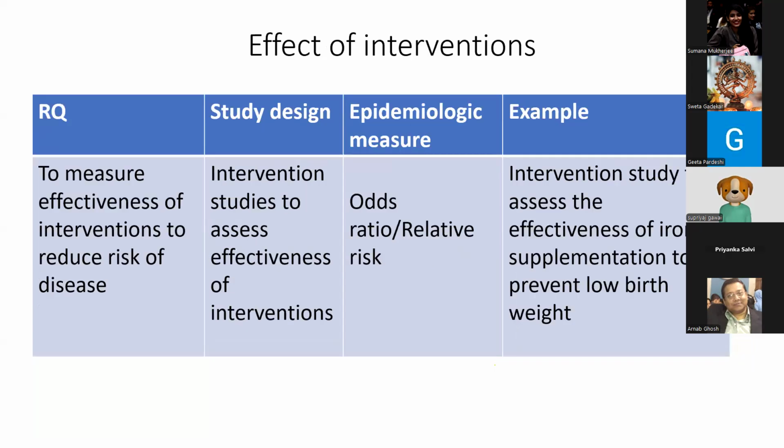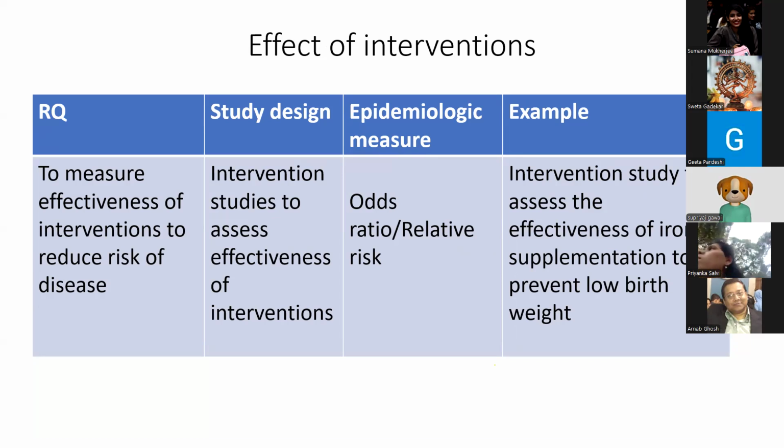The third scenario which I'm taking up is where you want to find out effect of various interventions. That is, usually we say we want to measure the effectiveness of the interventions to reduce the risk of disease. Now, such kind of research questions invariably will require intervention studies. So it could be randomized.